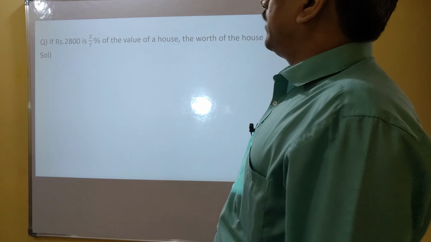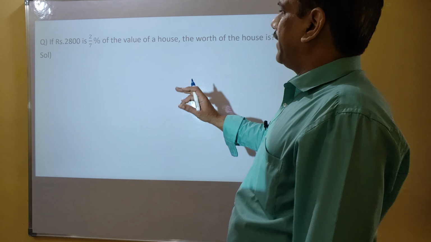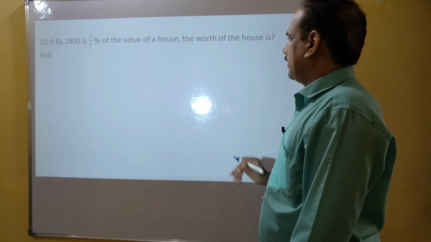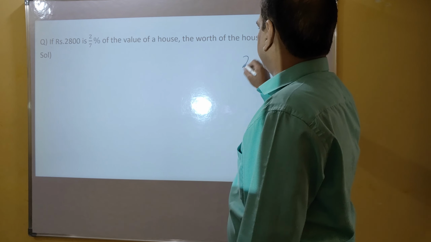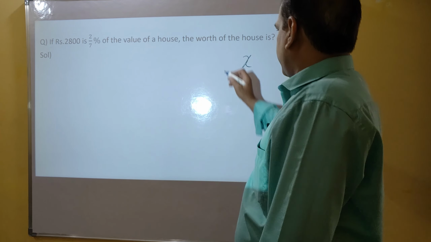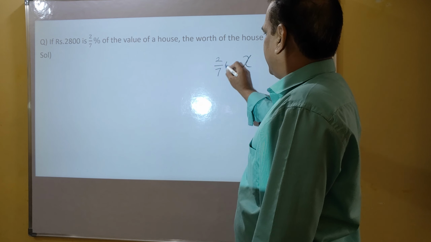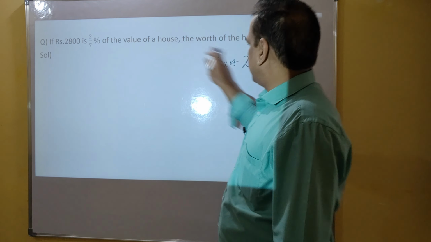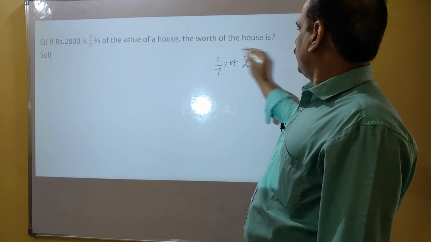If 2,800 rupees is 2 by 7% of the value of a house, what is the worth of the house? Let the worth of the house be x. Then 2 by 7% of the value of the house is 2,800.